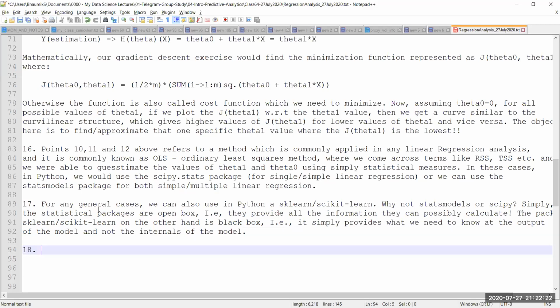You are simply going to apply a model, and that model should simply be returning you the value of unknown y given a set of values for x, right? So this is the case where I would strongly recommend using scikit-learn, because it is so simple to implement, with fewer lines of code and so on. But when you are doing the first time analysis of any problem statement, obviously you should start with stats models, because it's going to give you a better view of what is overall happening over here.